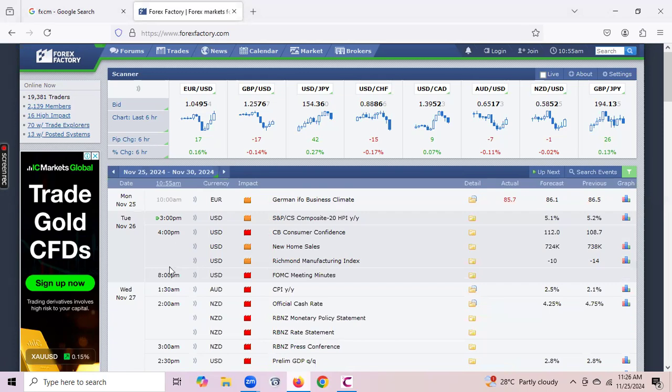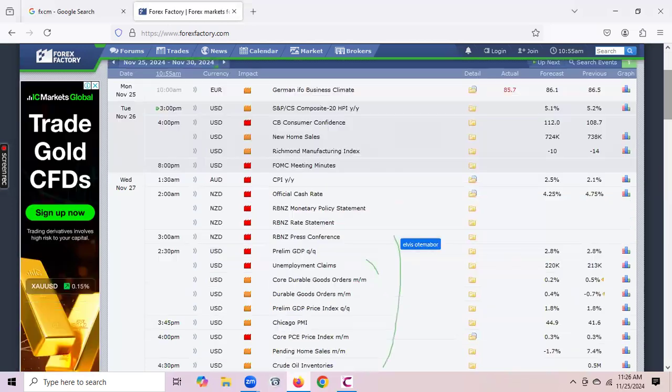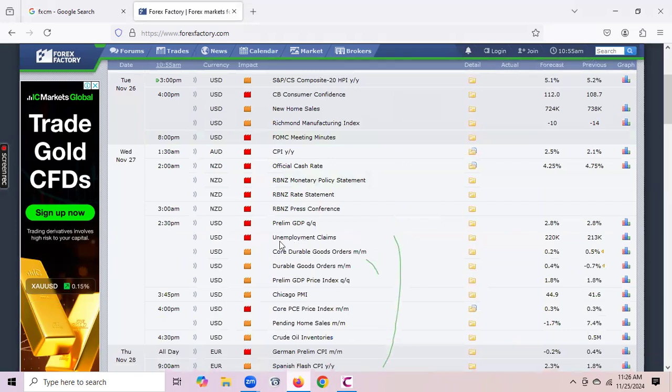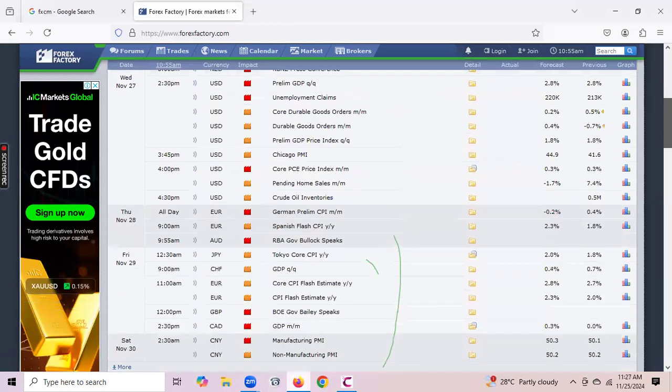Then on Wednesday, we have prelim GDP and FOMC, and unemployment claims. Let me see Thursday. I need to check FOMC this week.